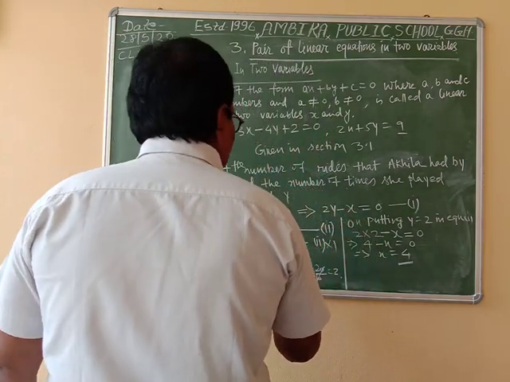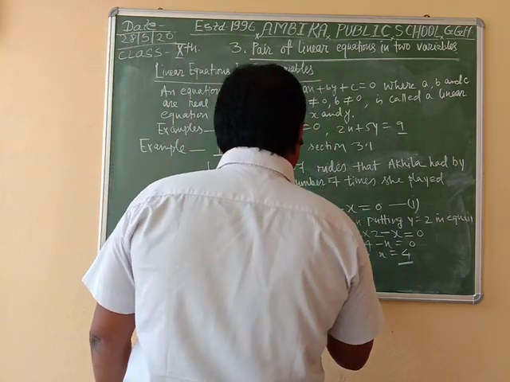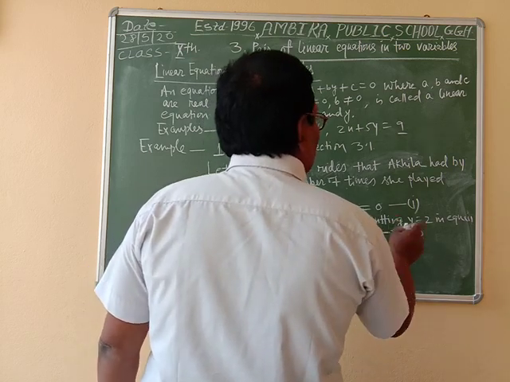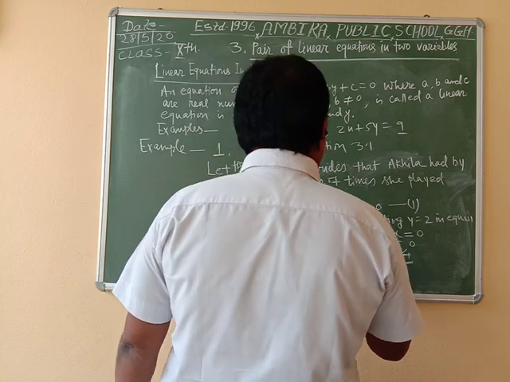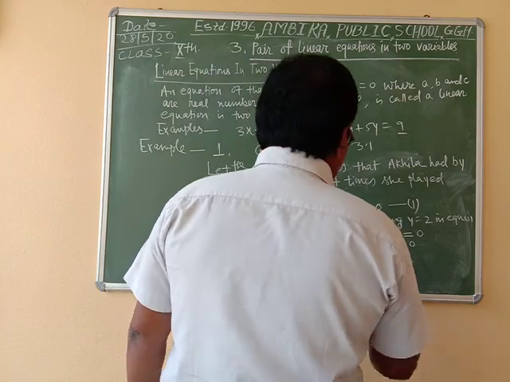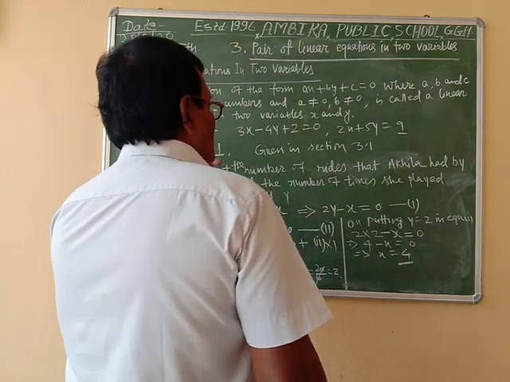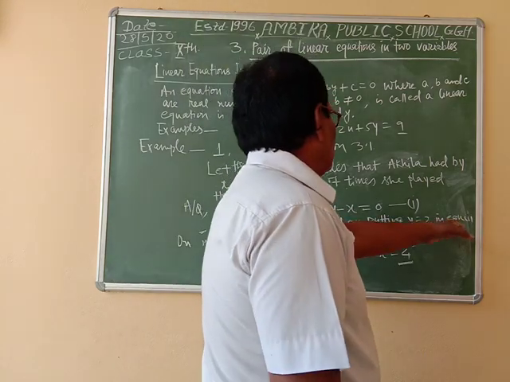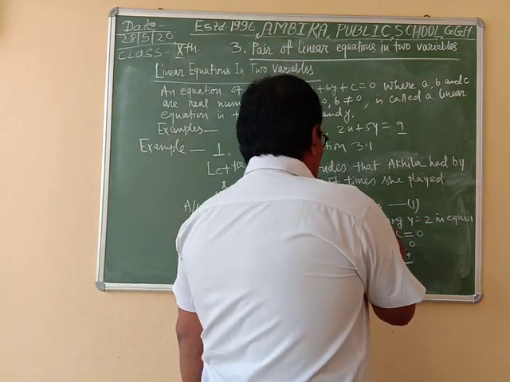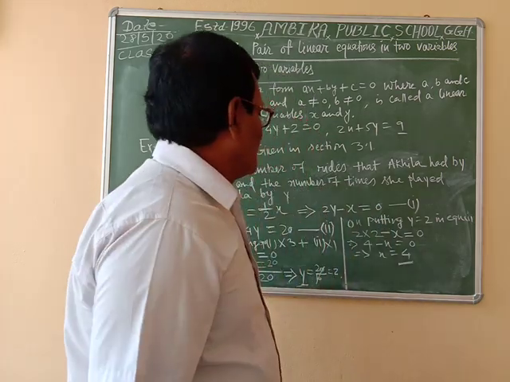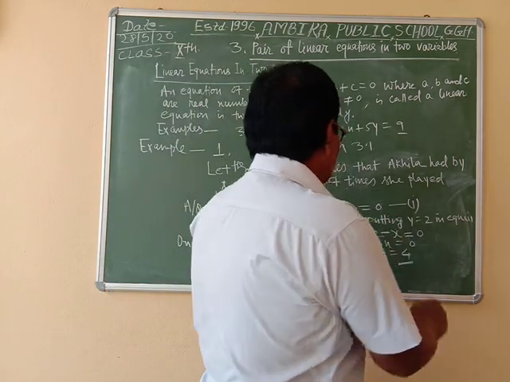Putting this value of y in equation number 1 or 2, you can put it in any equation, you will get the same result. On putting y is equal to 2 in equation 1, we get 2 into 2 minus x is equal to 0, so 4 minus x is equal to 0, so x is equal to 4.